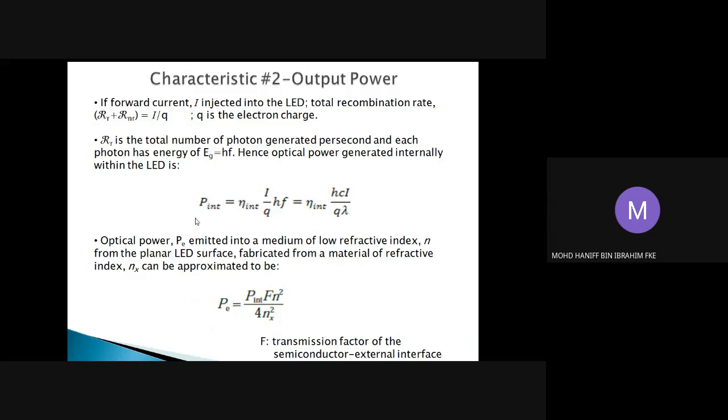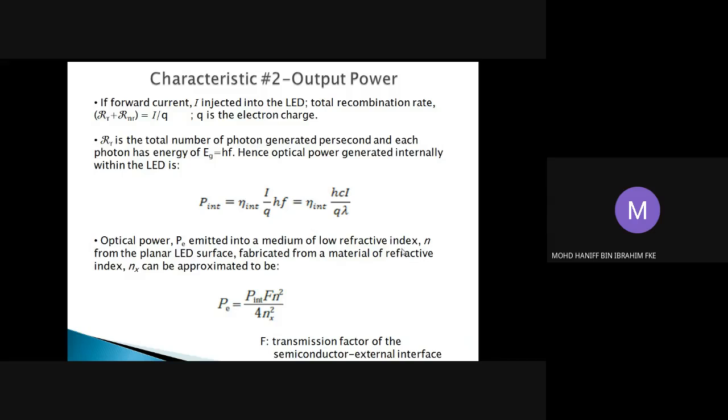The emitted power PE can be calculated from P internal using this equation: the emitted power equals the internal power generated multiplied by a constant F, multiplied by n squared divided by 4 n x squared. So what is meant by these parameters? P internal is the internal power generated by the LED.